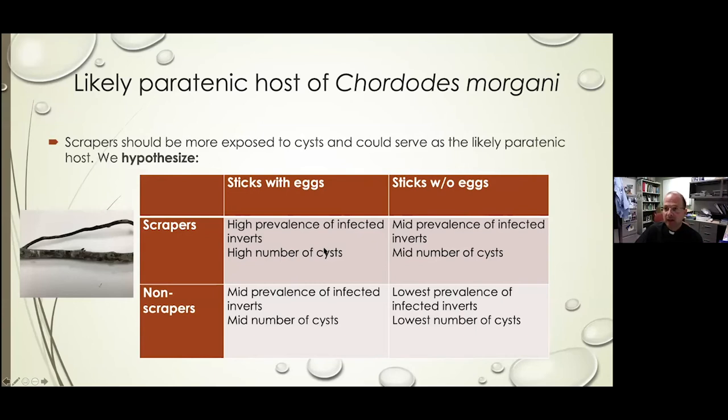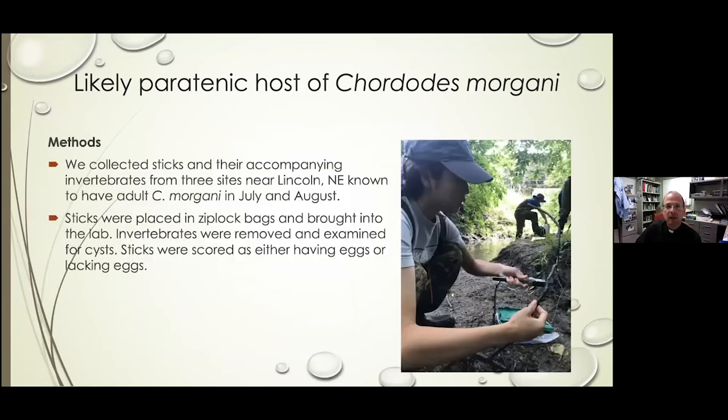They should have a high number of cysts inside them. If you took sticks that didn't have any eggs and looked at the non-scraper invertebrates on them, they'd have the lowest prevalence of infected invertebrates, the lowest number of cysts. So that's what we did.